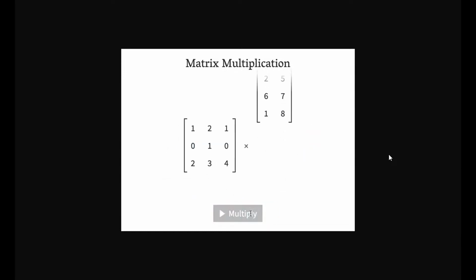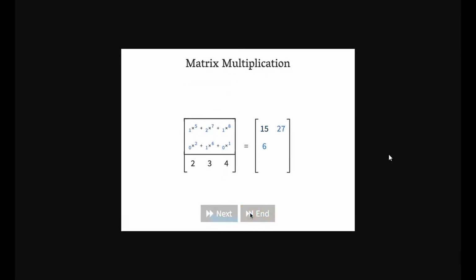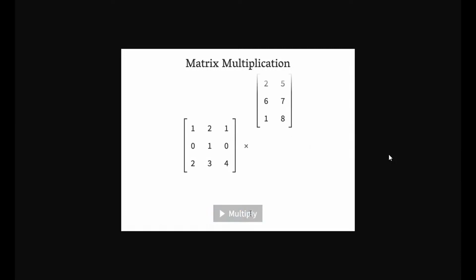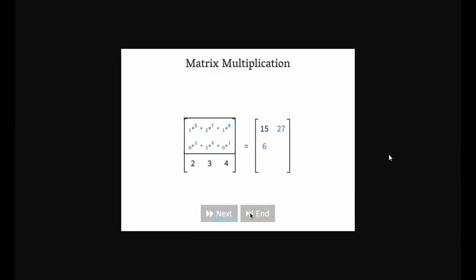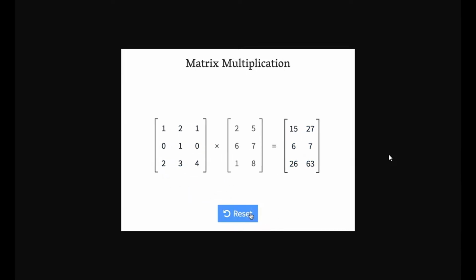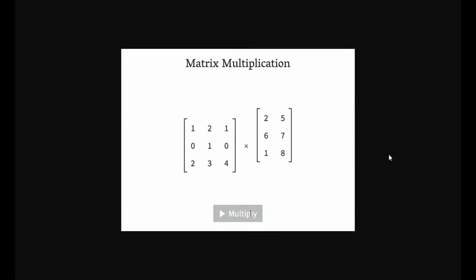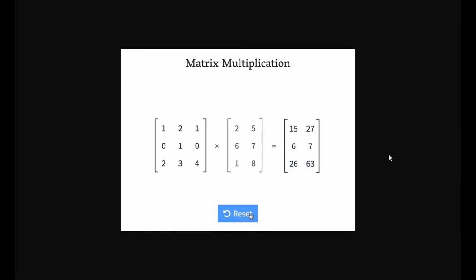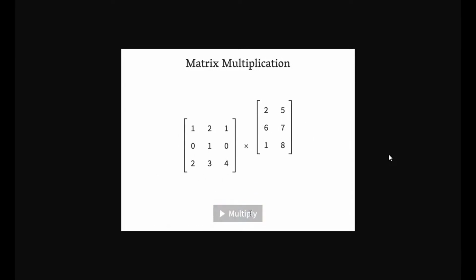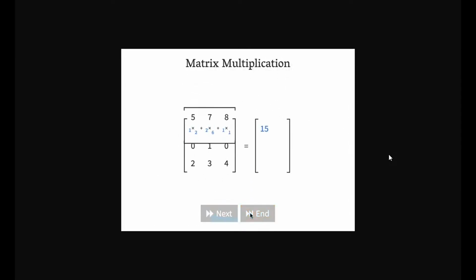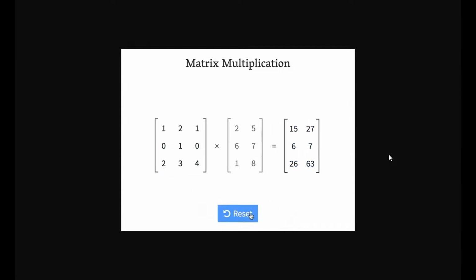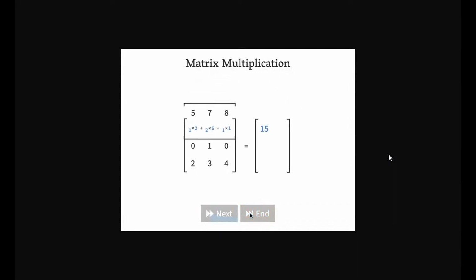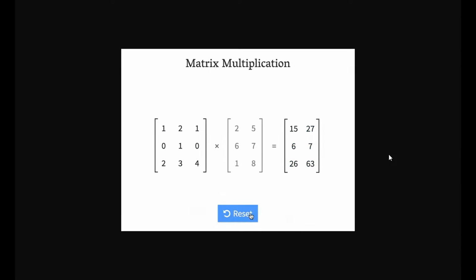So in that case, I need to have this one row matching with these numbers. That means the number of columns must be equal to. So this is my R2 must be equal to this. This is row, right? Yes, sir. This is column.